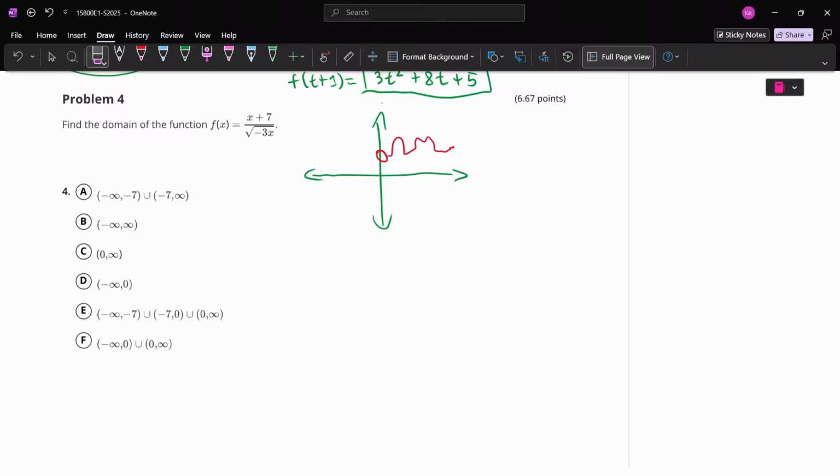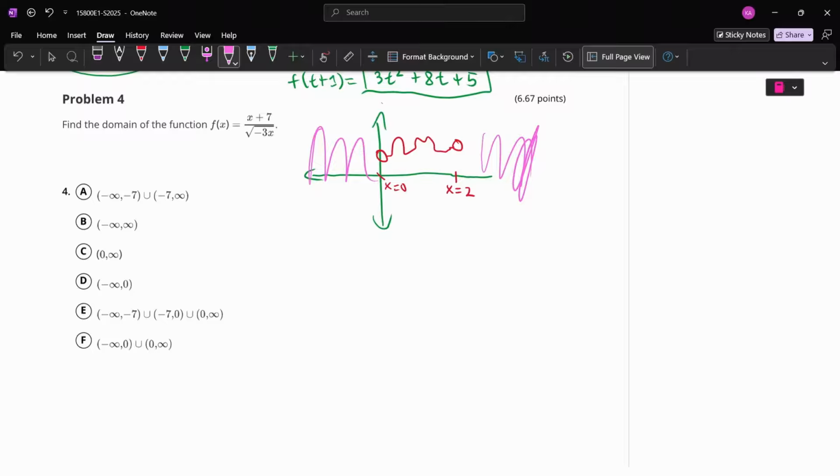Hold on, let me get my eraser real quick.